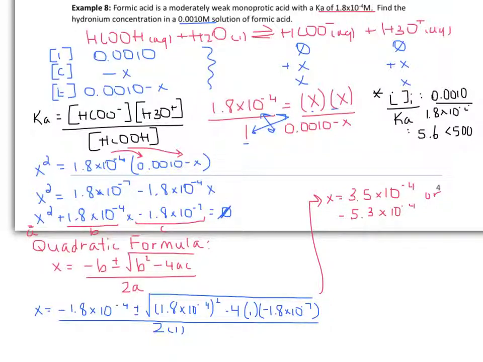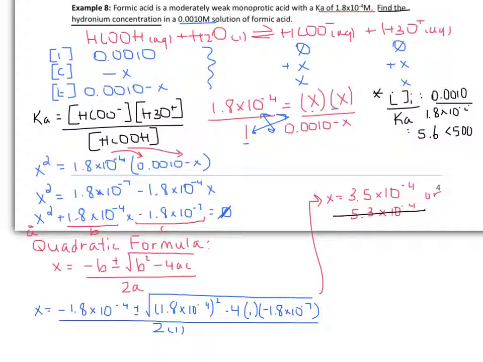Keeping in mind from a practical sense that in our ICE table we had x's representing concentrations, we are going to reject the negative 5.3 times 10 to the negative 4, since it does not make sense for us to have a negative concentration. Once you've solved for x, if you're like me, you'll need to go back to the question to see what we're supposed to be doing here. And the question asks for us to find the hydronium concentration.